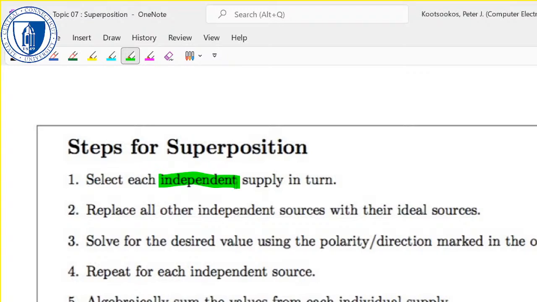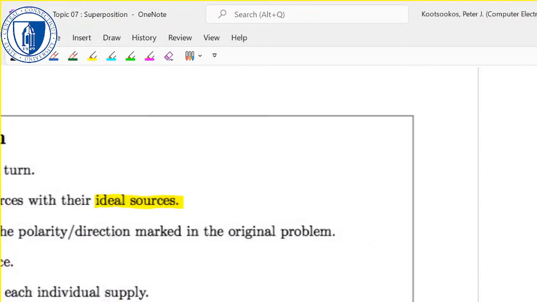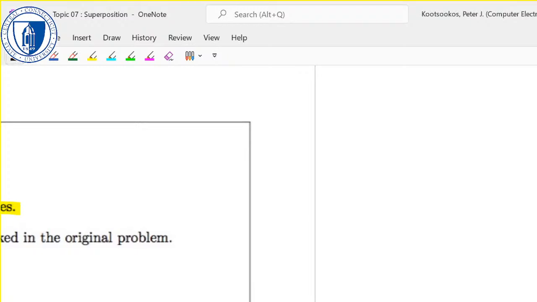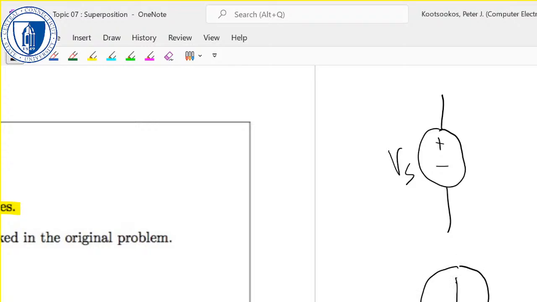So the tricky bit here is, what's an ideal source? Right, so here's a voltage source. Here's a current source.